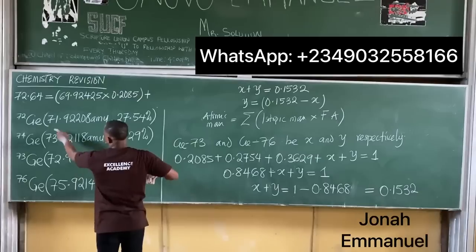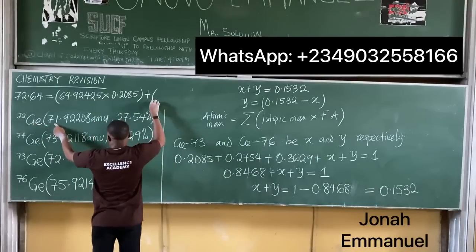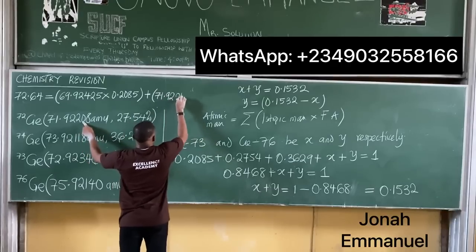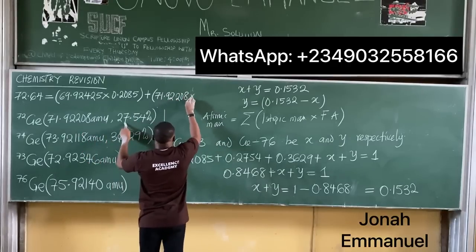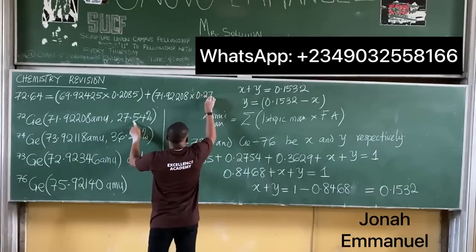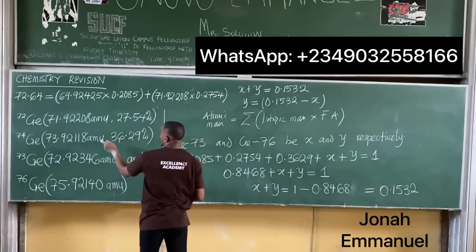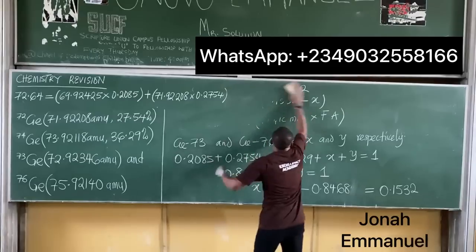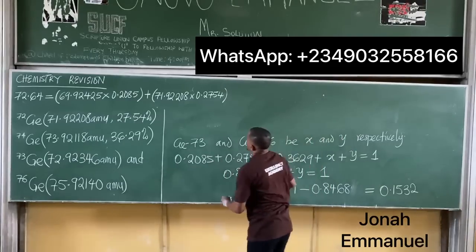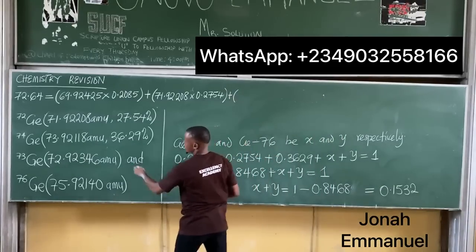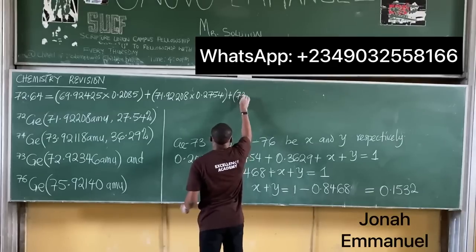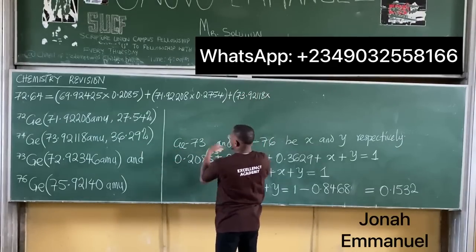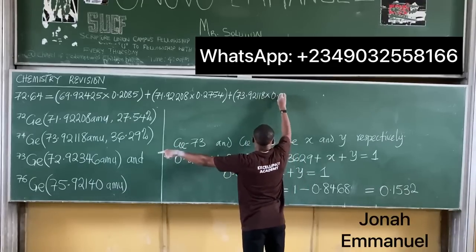Let's take for 71, for 72, please. Where's the mass here? Times how many? Let's take for the next one. The next one was germanium 74. How many? Where was the decimal there? 0 point.